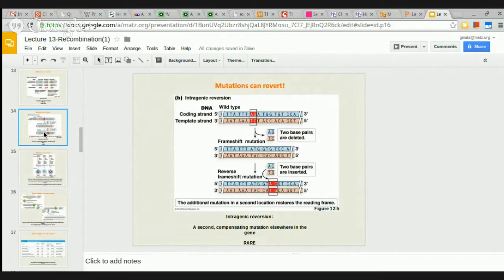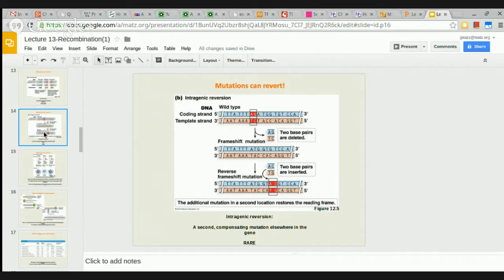You can actually revert that just as easily by removing a nucleotide something like 10 base pairs away downstream, because you're recreating the frame.